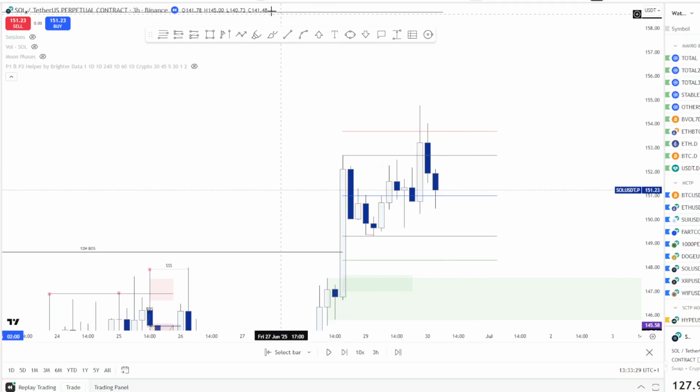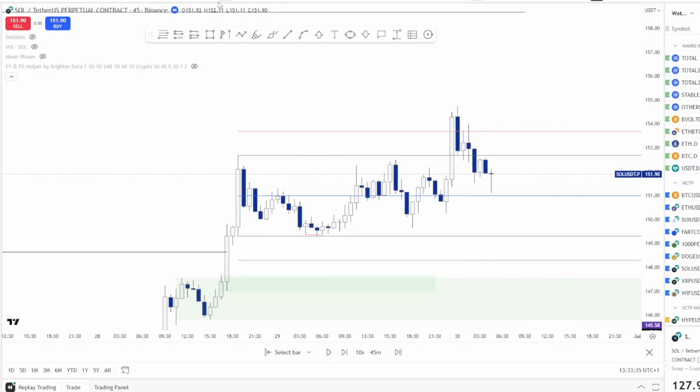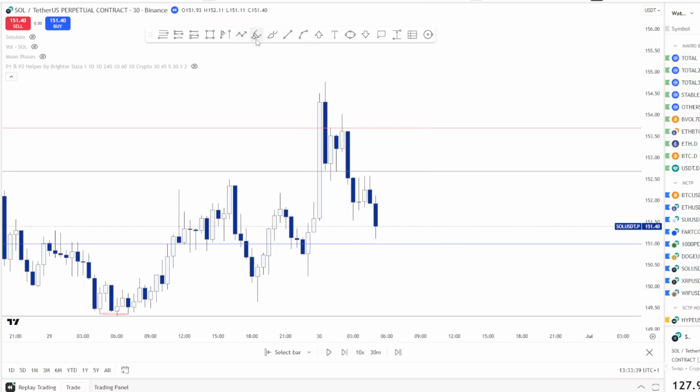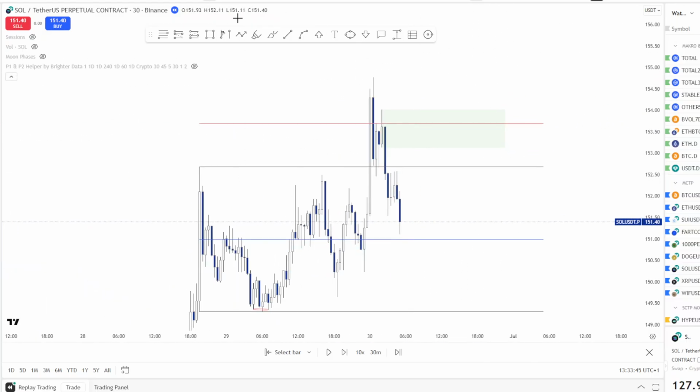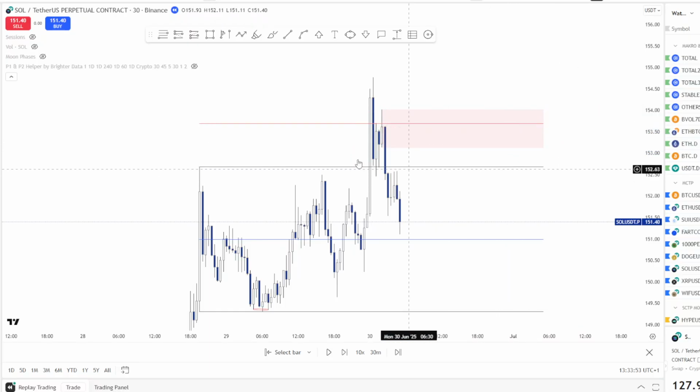Now we look for model 2 points of interest. We have an order block up here. For a point of interest for model 2s, you preferably want it to be around tab 1.